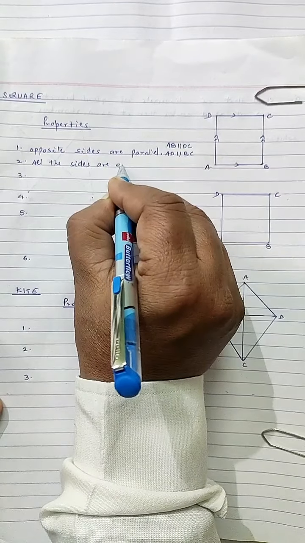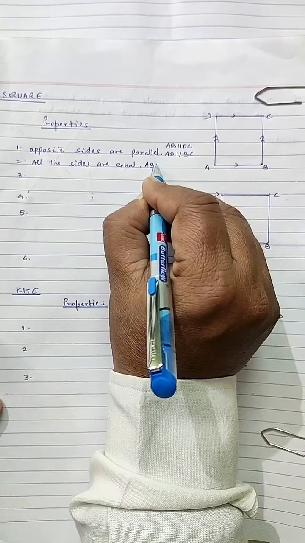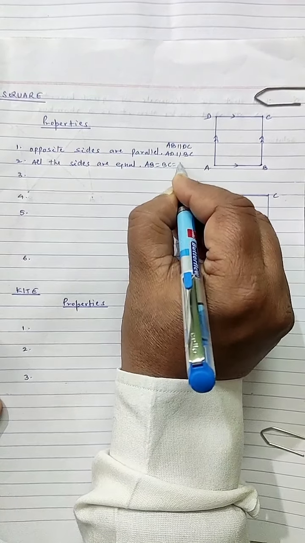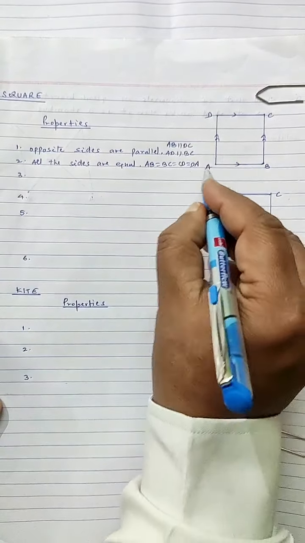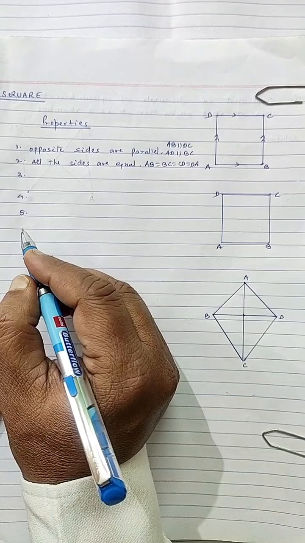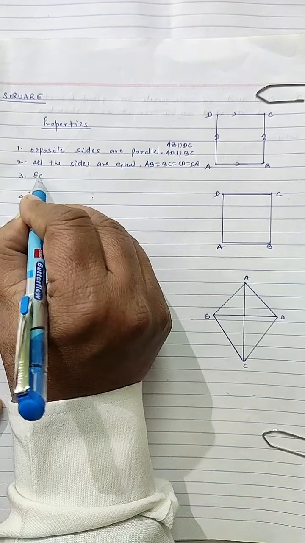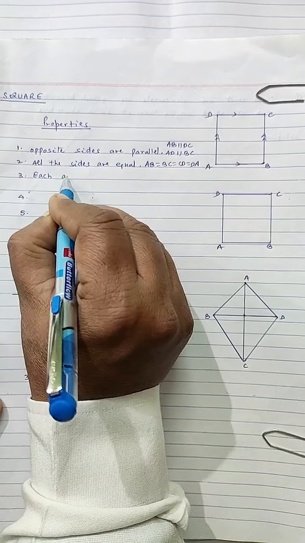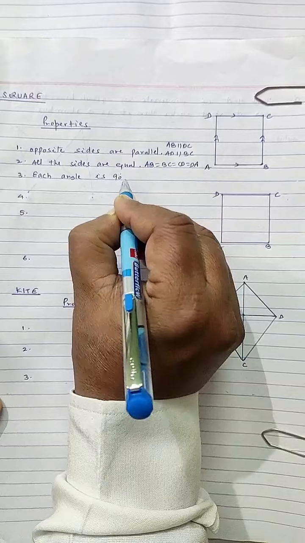All the sides of a square are equal. AB, BC, CD and DA, all the four sides are equal. Each angle is 90 degree.